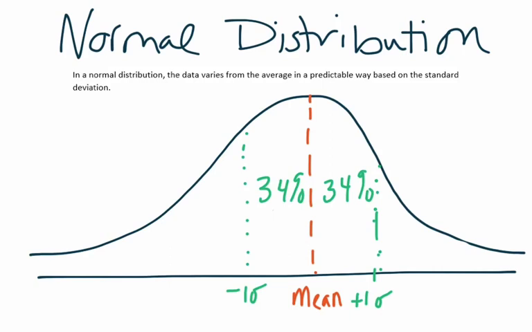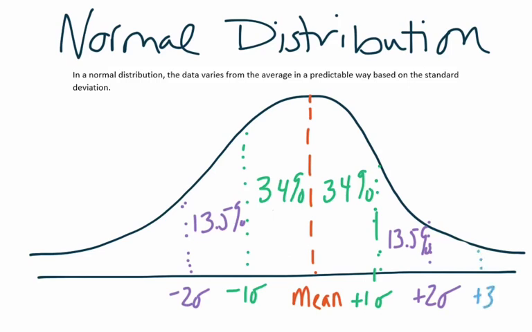Now, if you go out 2 standard deviations, there are 13.5% of people that are going to fall into that band. So not as many. And the same is true on the other side. Okay, so that's 13.5. And then you can go out 3.